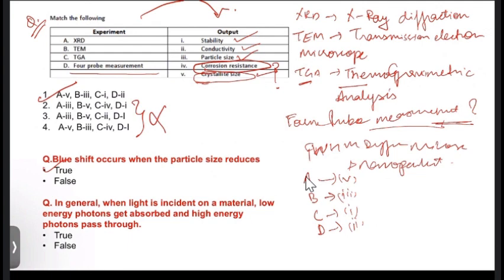Is it true or false? It's absolutely incorrect. Vice versa happens. High energy photons get absorbed because they have more energy, and low energy photons just pass because the energy does not match.